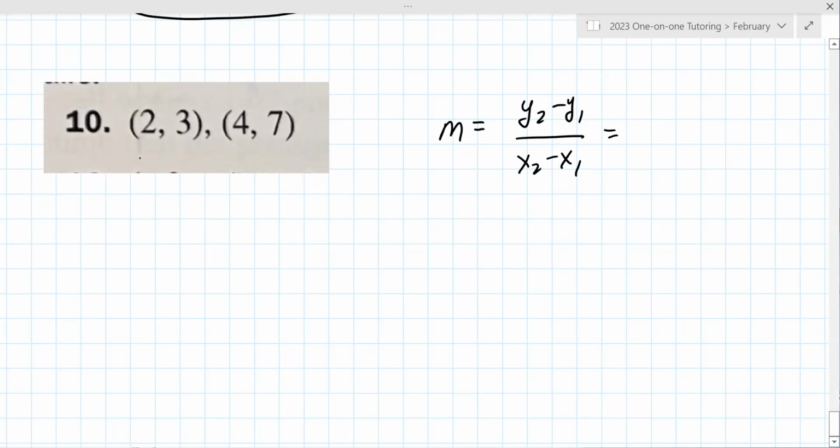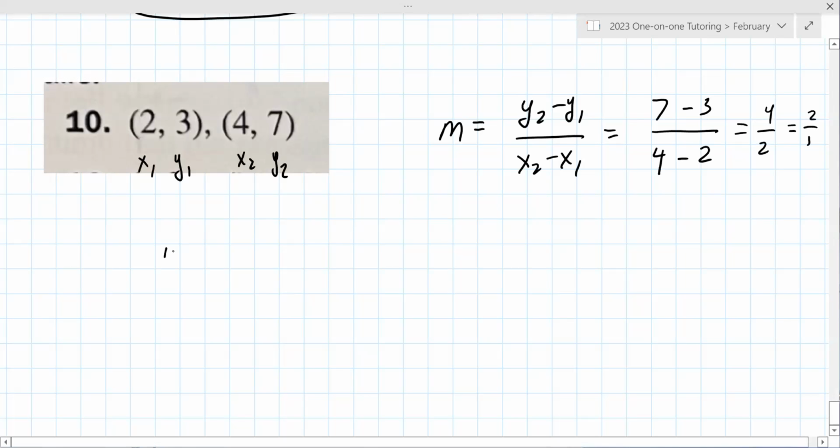So if you need to, again, you can write them x1, y1, x2, y2, and see what you come up with. So we got 7 minus 3 over 4 minus 2. So it's 4 over 2, which reduces to 2 over 1. So that's your slope. So y equals mx plus b. Take your slope of 2 and put it in for m.